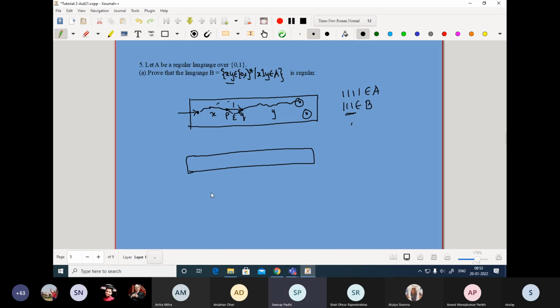Ma'am, I'm not getting what you mean by guessing with this epsilon transition. No, I'm not saying this particular epsilon transition. This may not work.